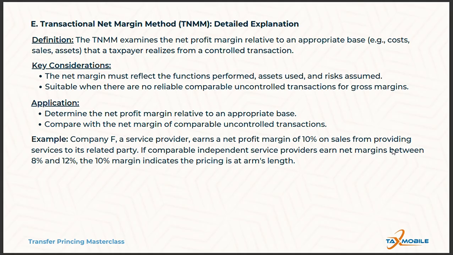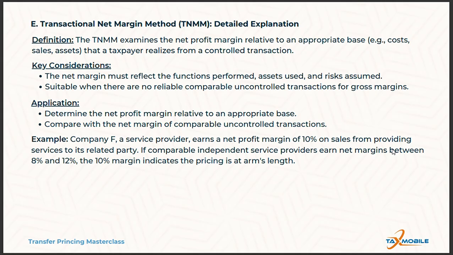Identify the tested party. Select the related party whose net profit margin will be analyzed. Determine an appropriate profit level indicator, which is the PLI, and this could be the net profit margin relative to a base such as sales, assets, or costs. Now, you need to find the comparable uncontrolled companies.